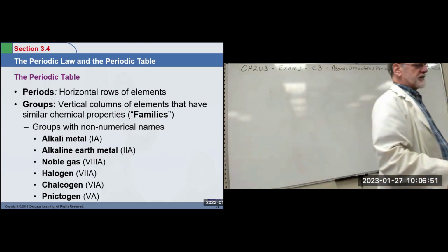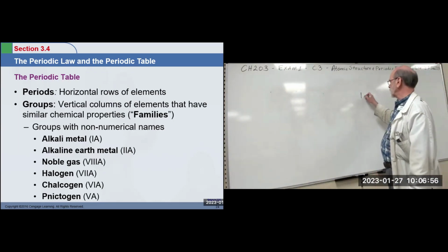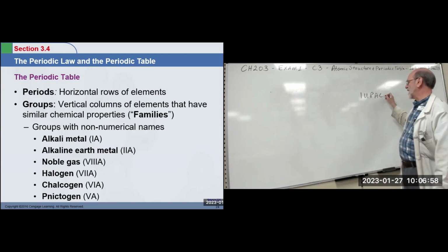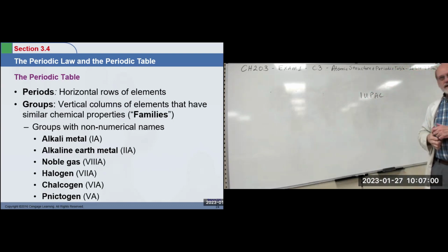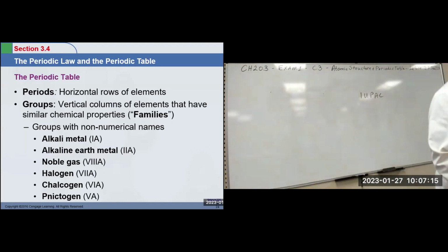But for some reason, the International Union of Pure and Applied Chemists decided that they'd rather number them from left to right, 1 through 18. So you just look 1, 2, and then go down to the transition metals, 3, 4, 5, 6, all the way to 12, and then cross, which is not as helpful, I don't think, for the chemistry.